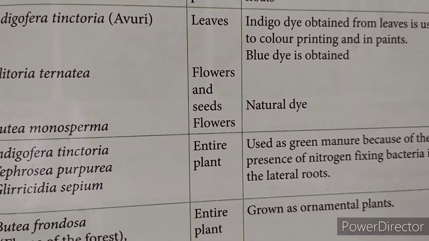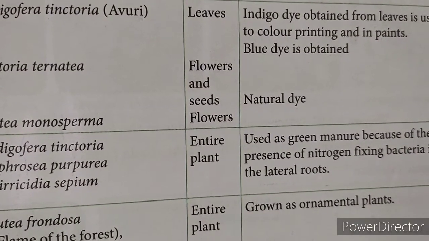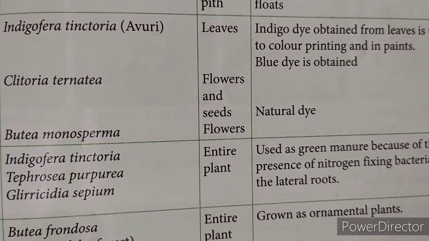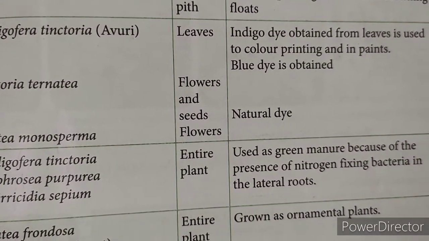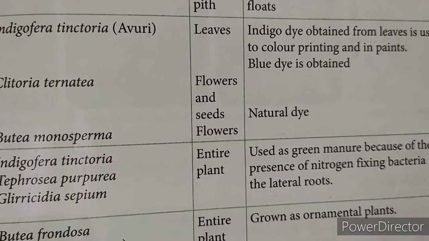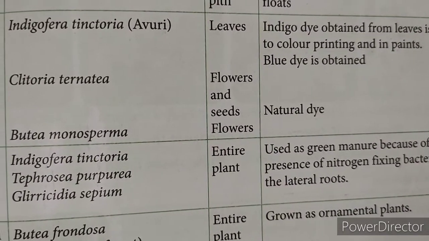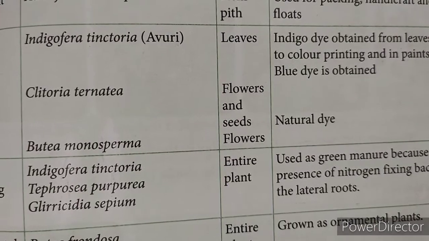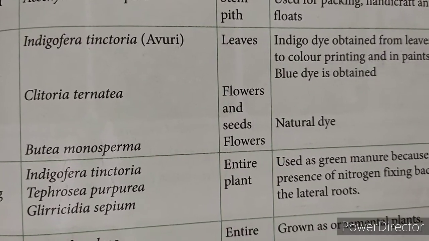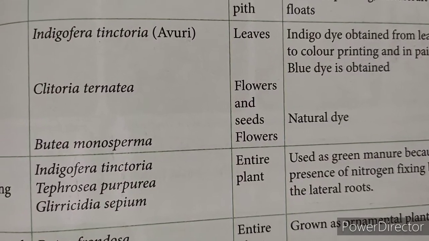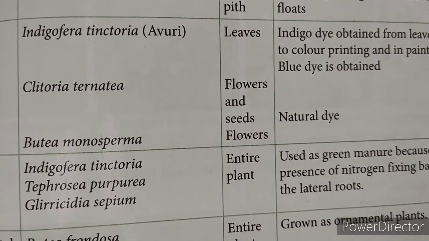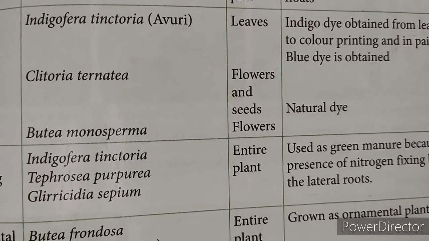When we grind and filter, we get a blue color dye, which is used nowadays for hair dye, and also for color printing and in paints. When we squeeze the leaves we get blue color dye. So it is useful in printing, painting, and also for hair dye.